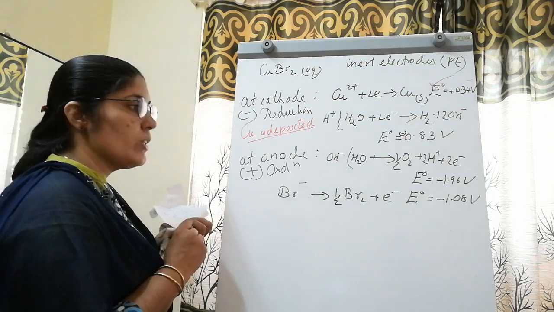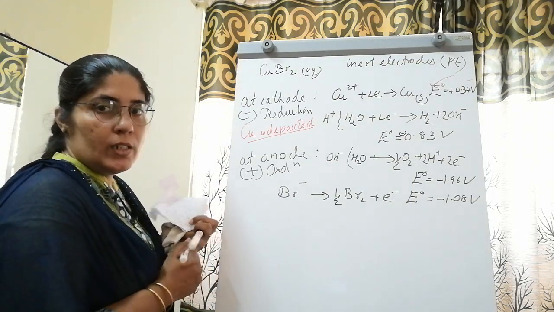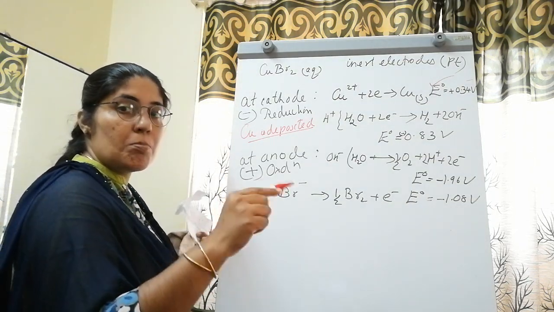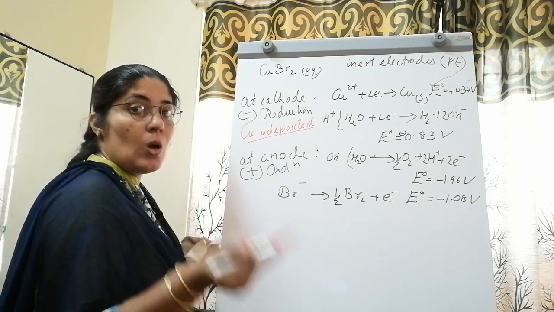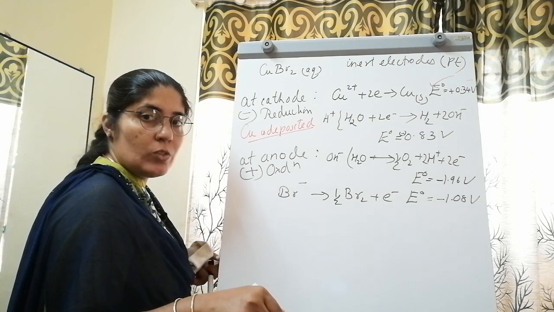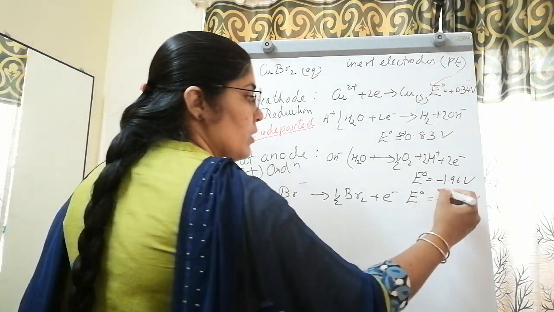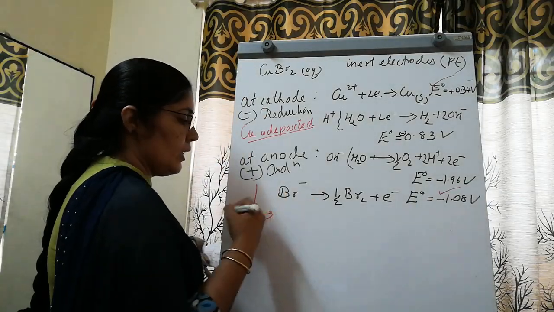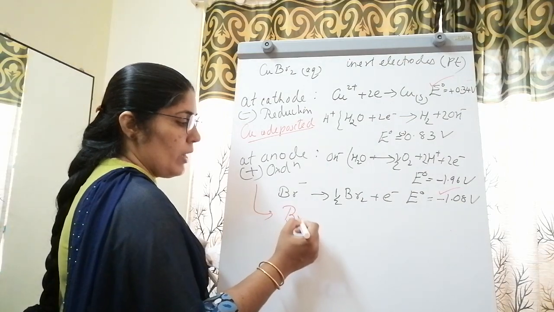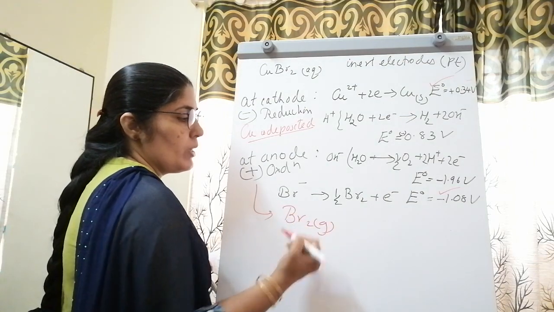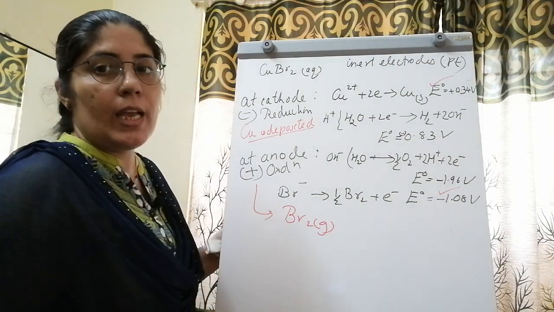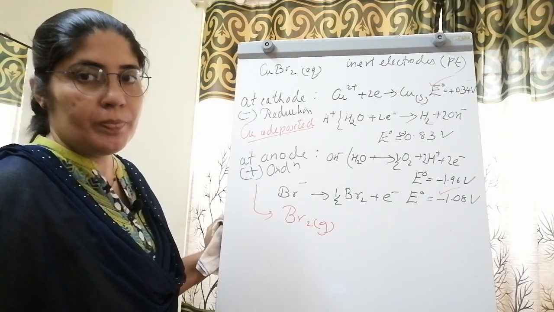Okay students, tell me which will have a higher reduction potential value. Is it minus 1.96 or minus 1.08 volt? The higher value will be minus 1.08 volt. So you can write it very easily: at anode what gas will be liberated? The bromine gas is liberated at the anode.